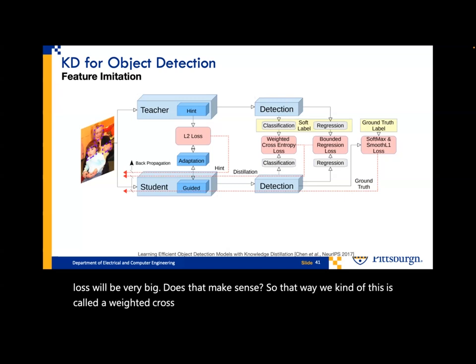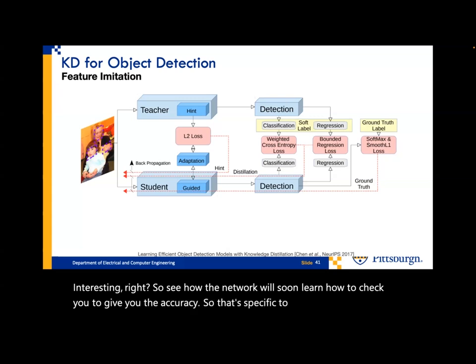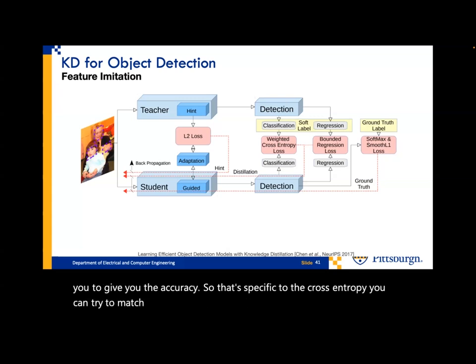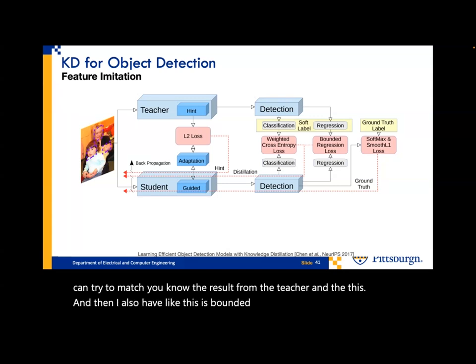Interesting, right? See how the network will soon learn how to trick you to give you the accuracy. So that's this weighted cross entropy. You can try to match the result from the teacher and this. And then I also have this bounded regression loss.